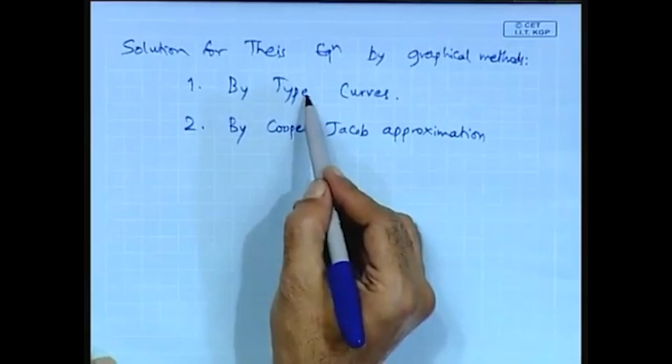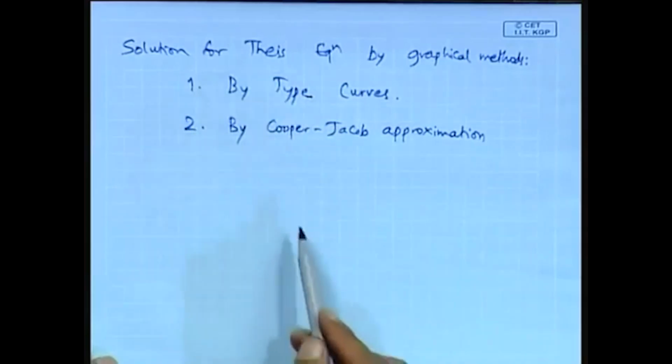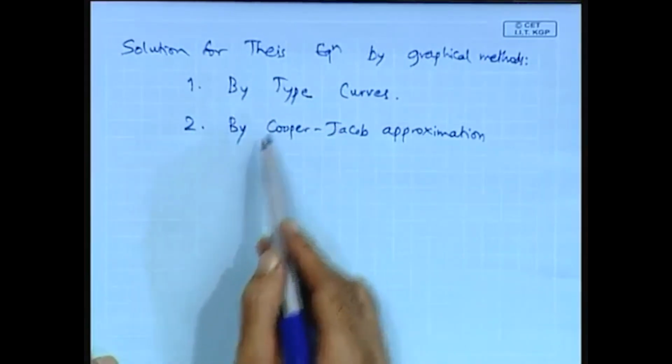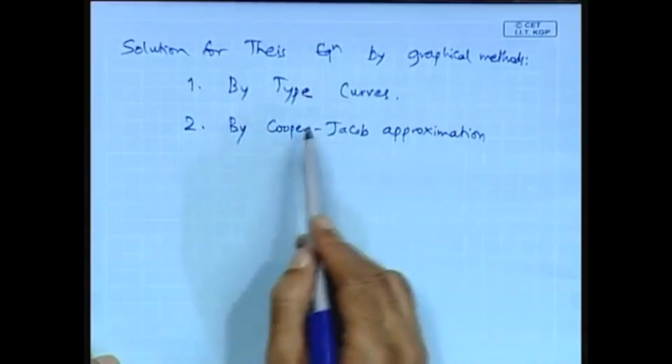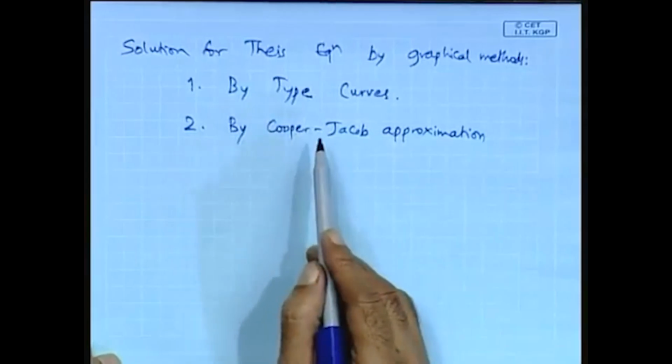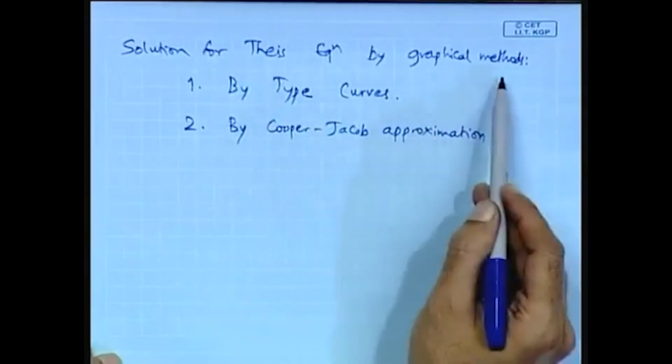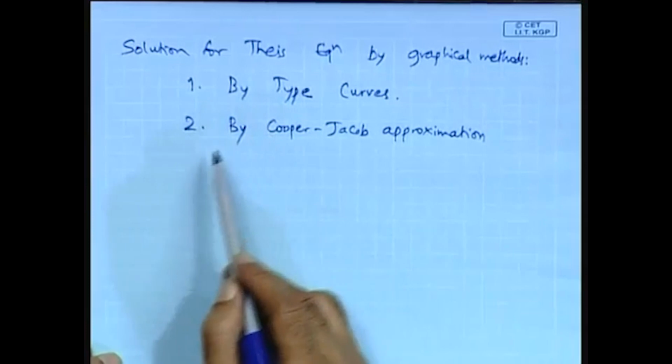Now let us consider the solution of the Theis equation by the first method, which is by type curves, the graphical method.